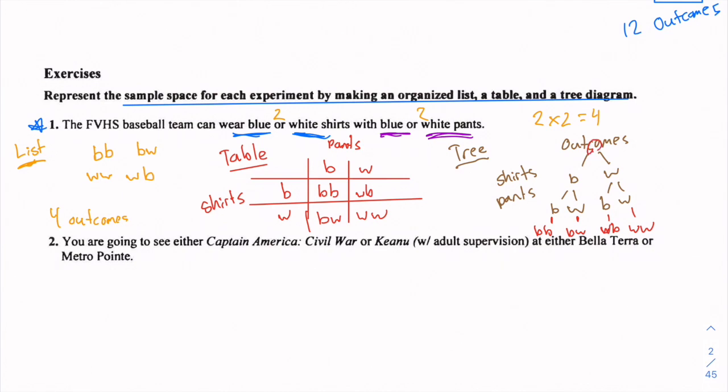Depending how you want to go down the tree, you can go down one branch to get blue, blue, or another to get blue, white, or white, blue, white, white. All right, try number 2 on your own. It's real quick. Just get a little practice with it, and then we'll come back to do part 2.